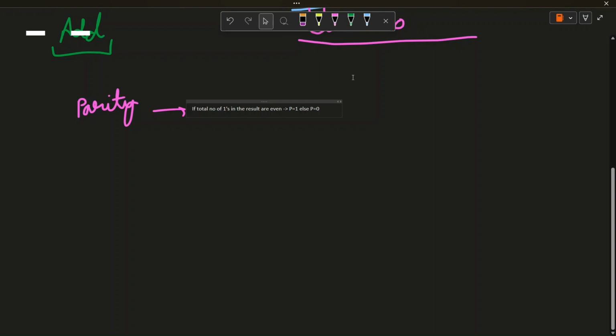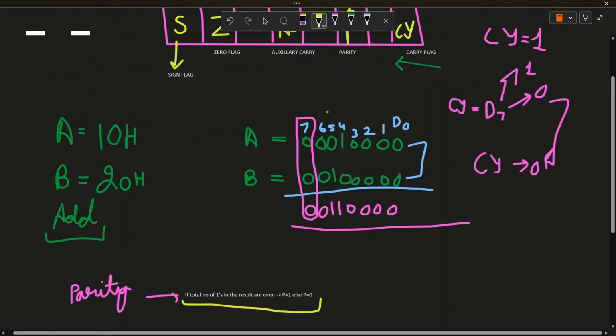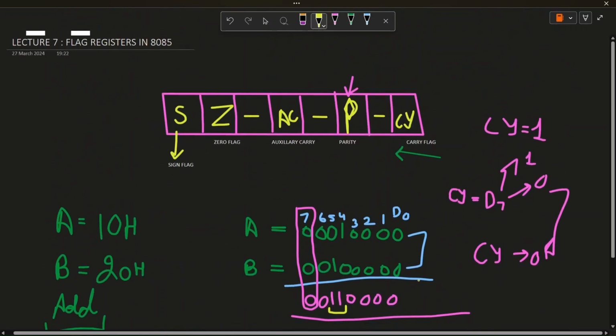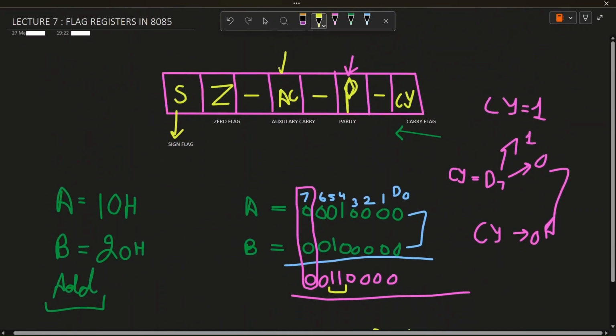So this is what the parity says. In this example, we have only two ones, hence we'll set our parity to 1 because there are an even number of ones.